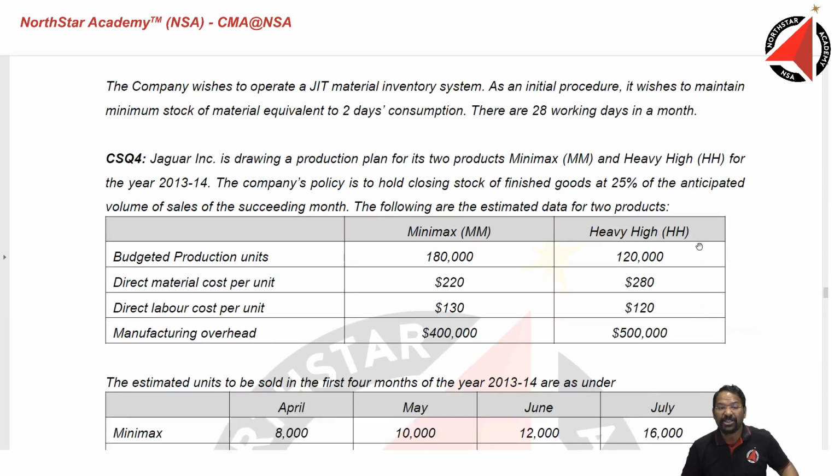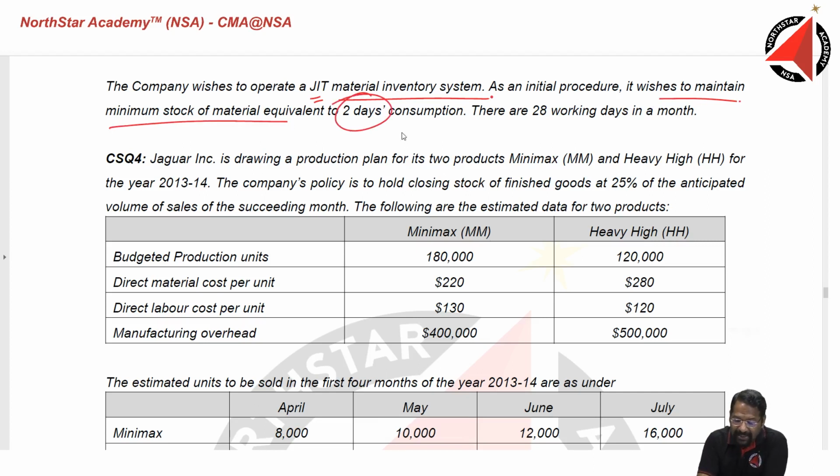The company wishes to operate a JIT material inventory system, just in time material inventory system. As an initial procedure, it wishes to maintain minimum stock of material equivalent to 2 days consumption, as its closing stock.